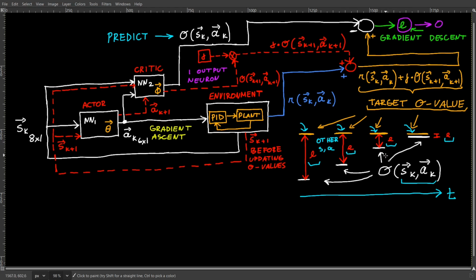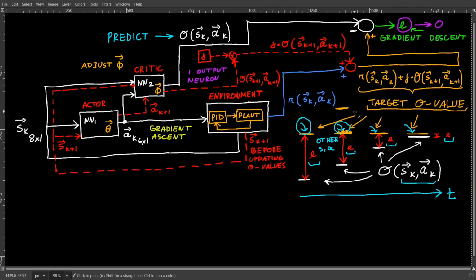The problem, however, is that the target Q value also directly depends on the critic. If you are at this instance, and after applying the gradient descent algorithm, you adjust this weight vector in the critic, then since now the weights are different, the next time you have the same state action pair, at this instance, this target Q value will not be here.